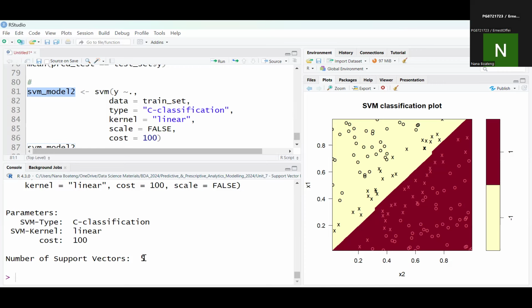So the kind of data set that you have will determine whether the number of support vectors you have is okay or not okay. So when you increase the cost, you are actually removing some support vectors, or some data points from your data set.